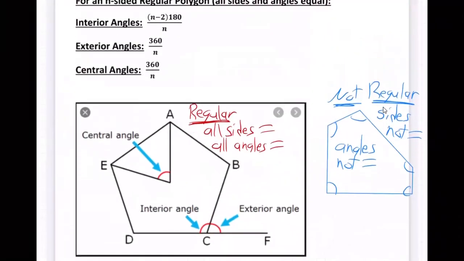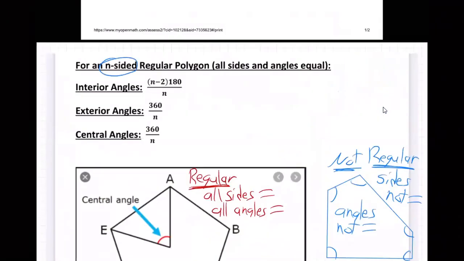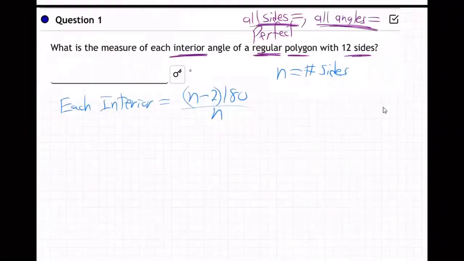See that in the formula up here? It says N-sided. So in my case, it's 12. So I'm going to plug in that 12.